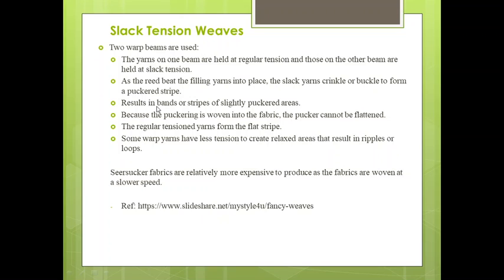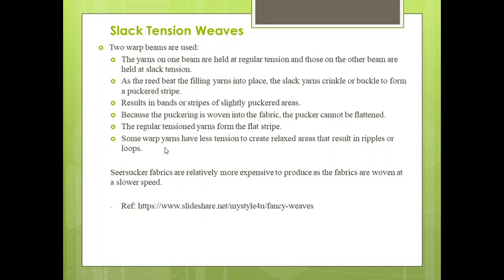This mechanism results in bands or stripes of slightly puckered area. This puckered effect is woven into the fabric, so the pucker cannot be flattened. It remains as it is in the fabric. However, the regular tension yarn from the other beam forms the flat stripe.